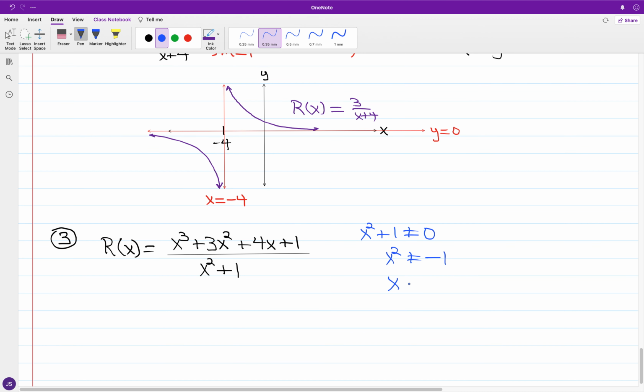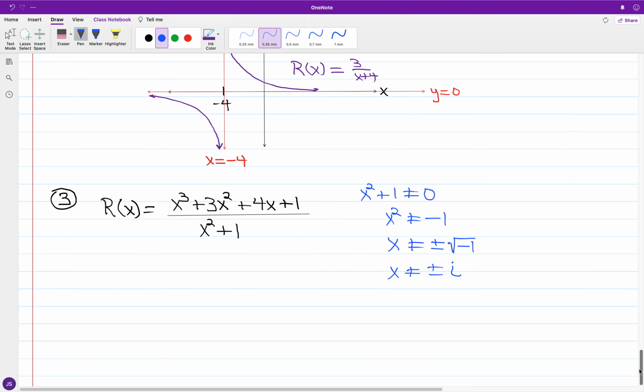And again, if I reapply the square root property of equality, x cannot be plus or minus the square root of negative 1. So x cannot be plus or minus i. But guess what? We're not working with complex numbers. So you have no real values excluded.